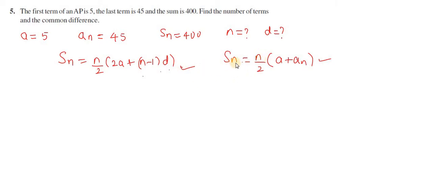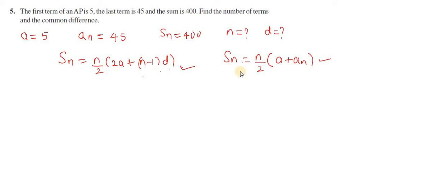So I'll go for the second formula. You also have to judge like this. First you have to list what all they gave, and according to that you can use the formulas. Moreover, in this chapter we have only 4 formulas: these 2 formulas, and one more is an equals a plus n minus 1 into d, and also the common difference formula, that is a2 minus a1. Only those formulas we have in this chapter.